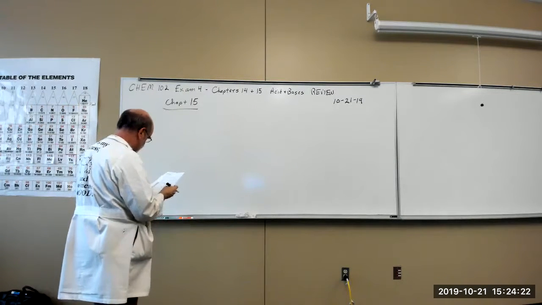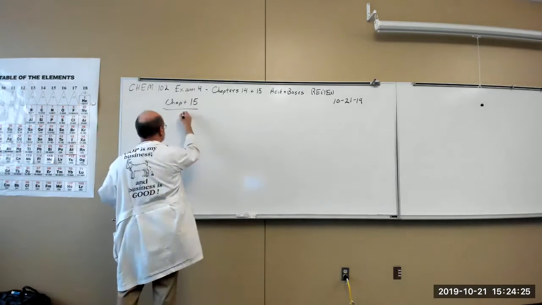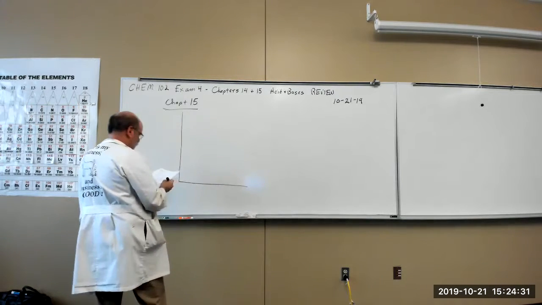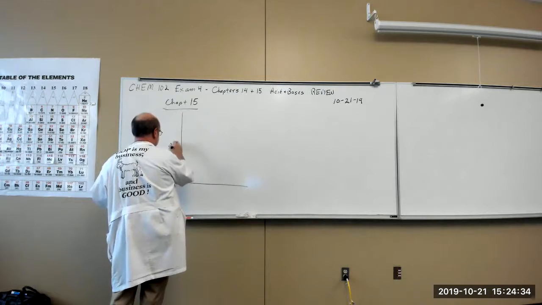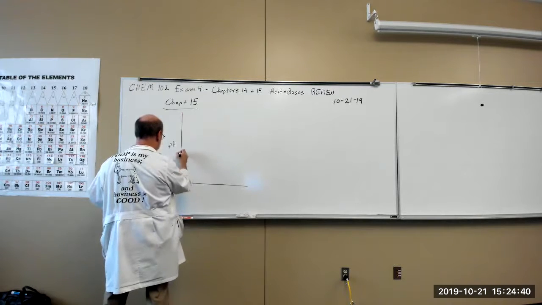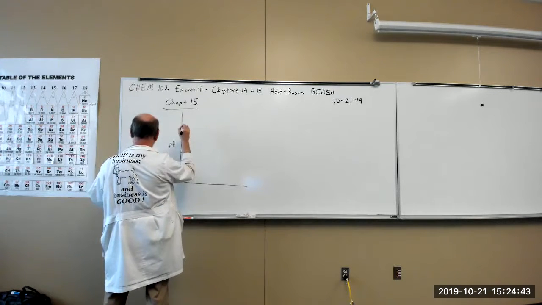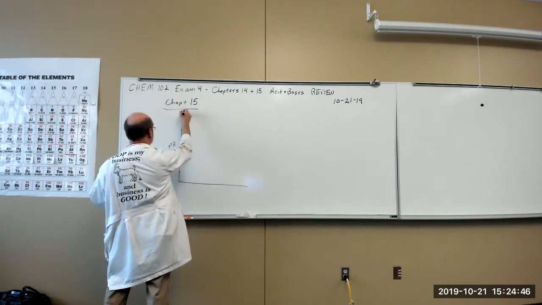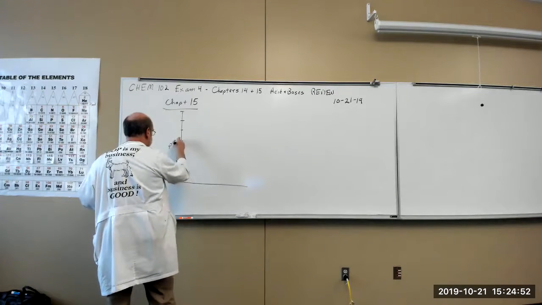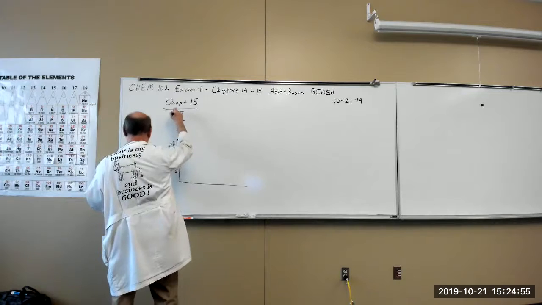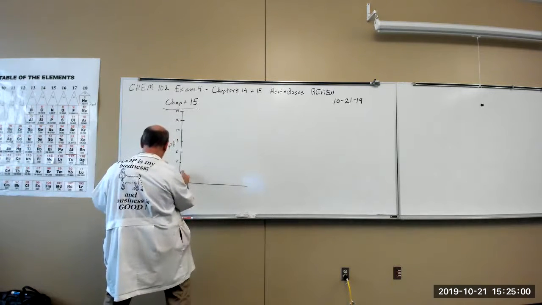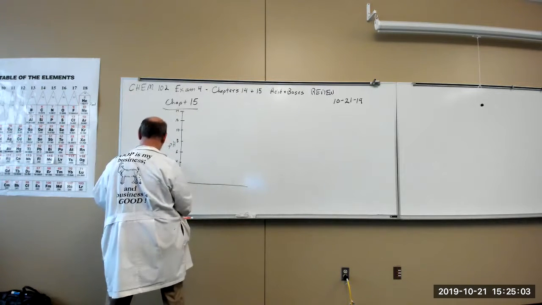But suppose we have a titration curve. So we're starting out with an acid. That means the pH is going to be, let's see, 2, 4, 6, 8, 10, 12, 14. And let's say this is 2. We're going by units of 2. Okay. And we've got a starting point right here. Right?